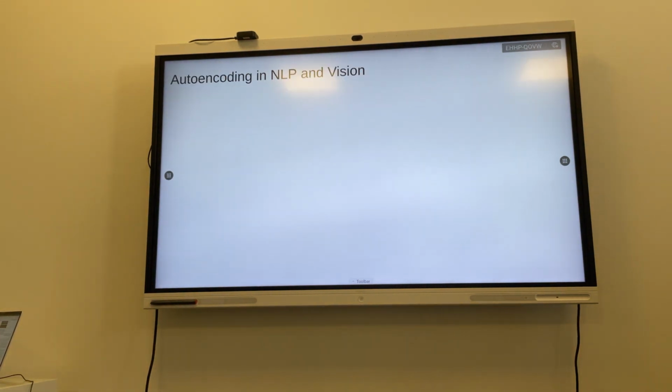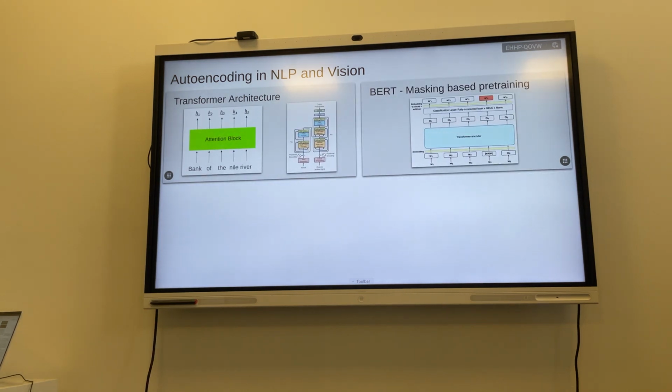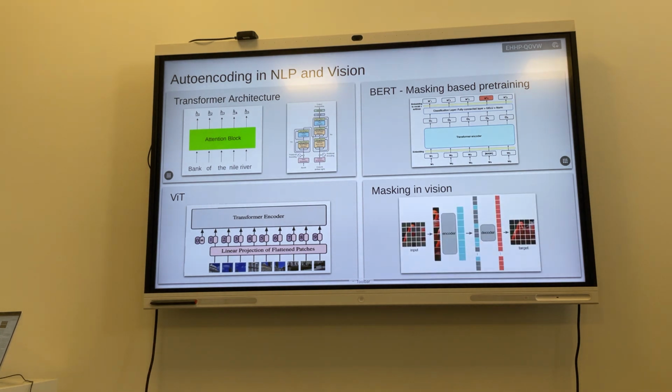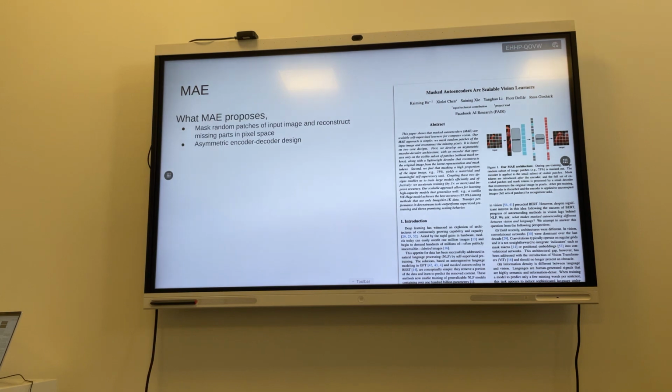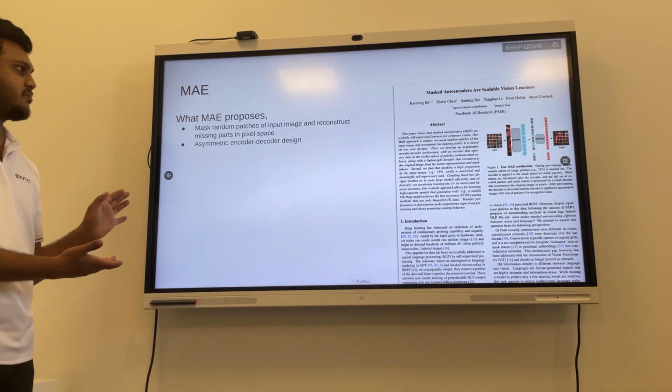So we saw the transformer architecture in language and the BERT work. With ViT's introduction, what BERT does in the language domain, MAE does in a similar way in the vision domain. We can think of it like that. What MAE does is propose masking out random patches in an image and trying to reconstruct them in pixel space.